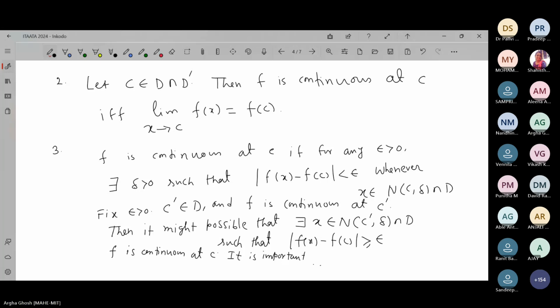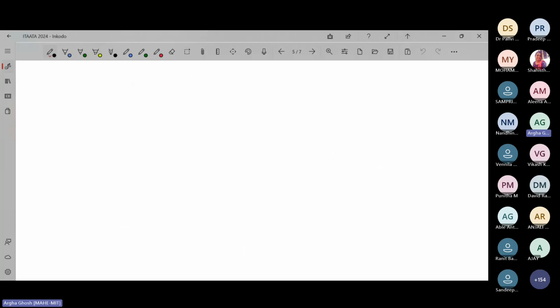We'll say that a function is continuous on a set if it is continuous at each point of the set.